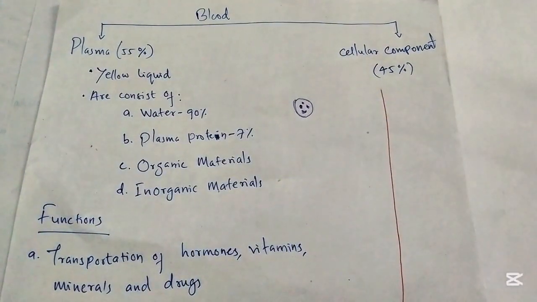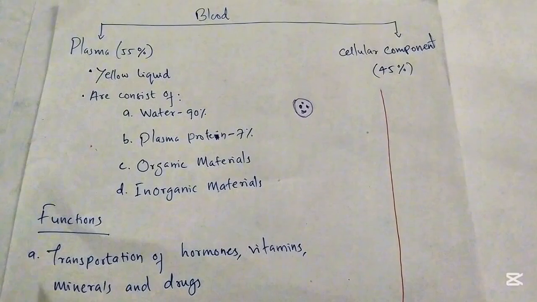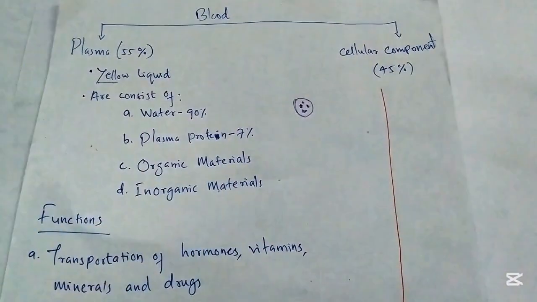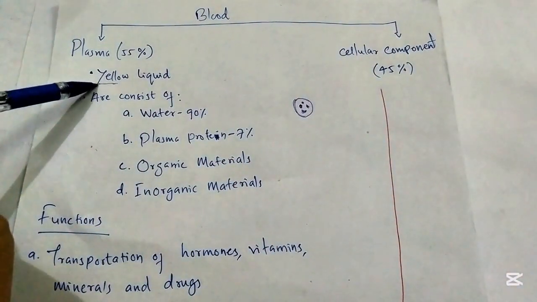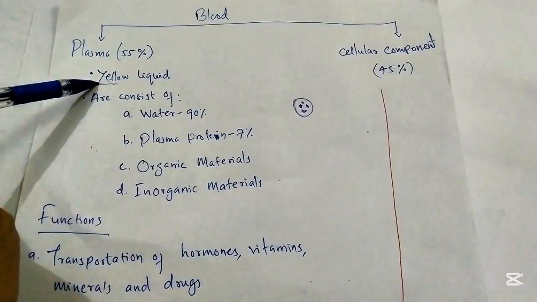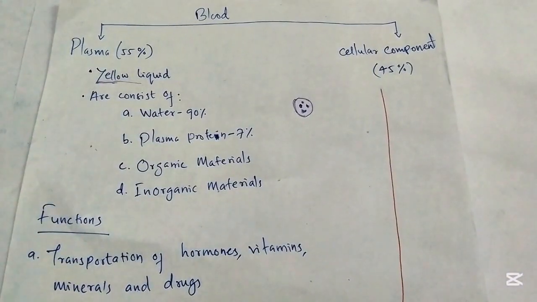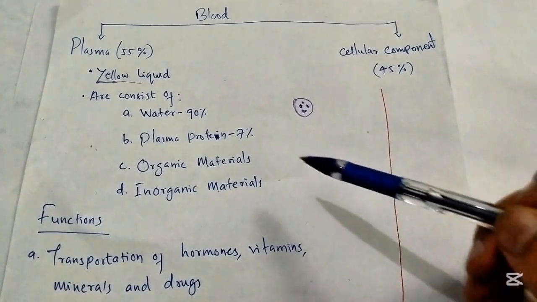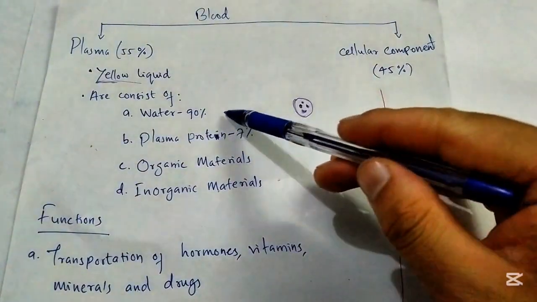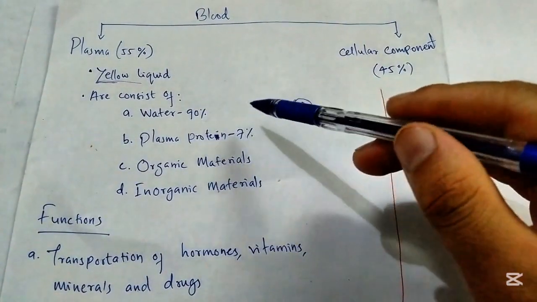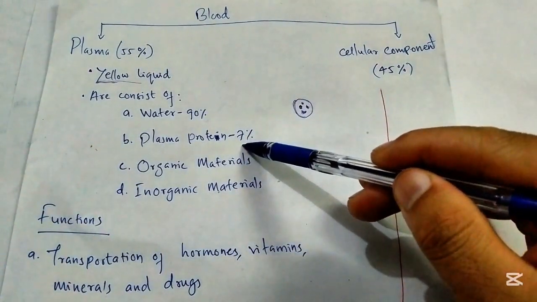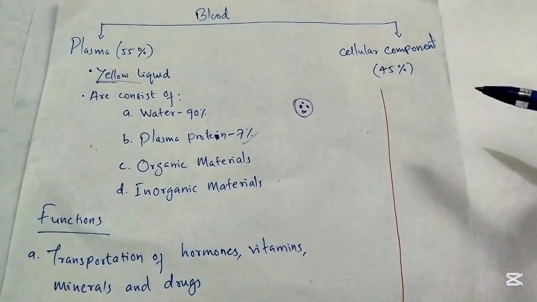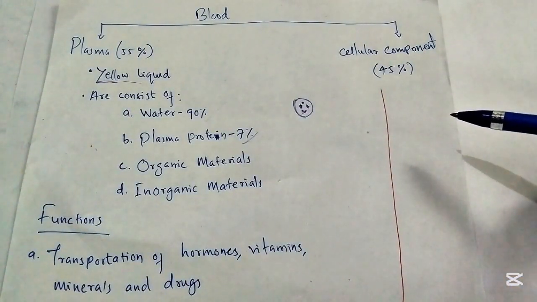Plasma is a liquid, a yellowish colored liquid. And the plasma consists of 90% water, plasma protein 7%, and organic materials and inorganic materials.